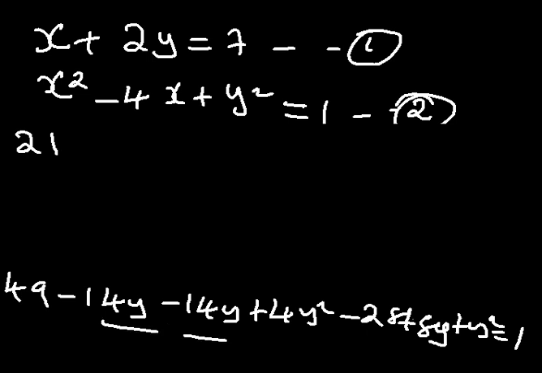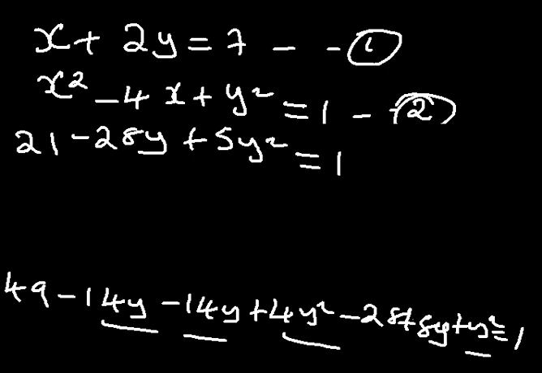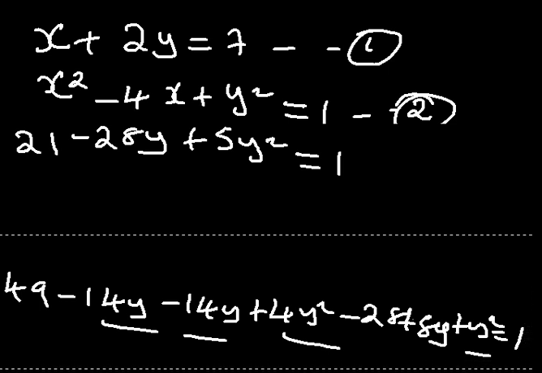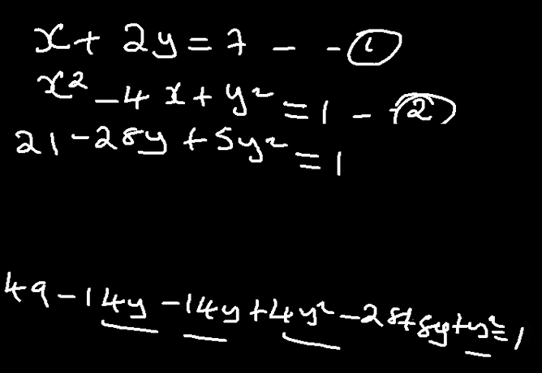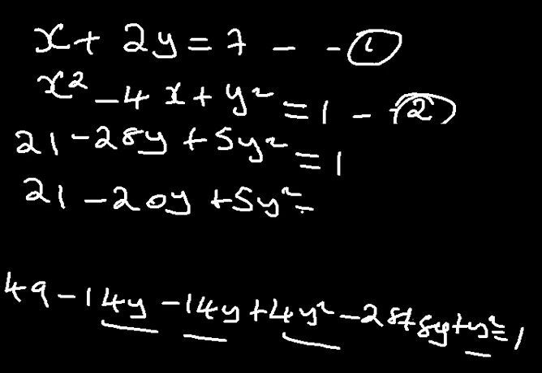Then we have negative 14y, negative 14y and plus 8y, which gives minus 20y. Then we have 4y squared plus y squared, which gives plus 5y squared, which is equal to 1. So we have 21 minus 20y plus 5y squared is equal to 1.